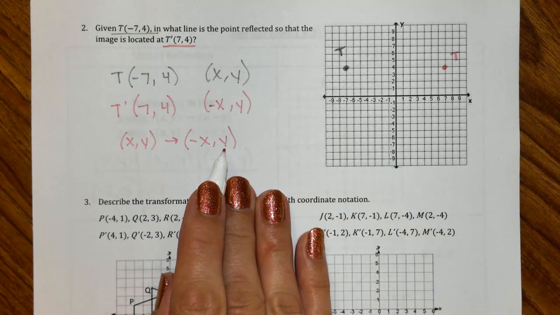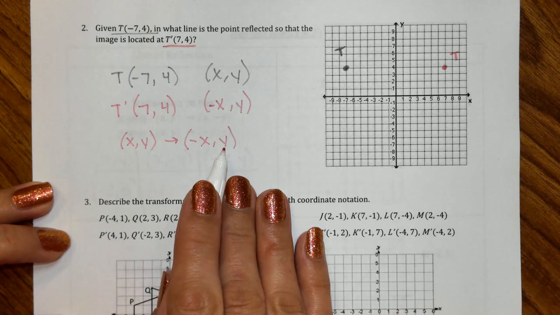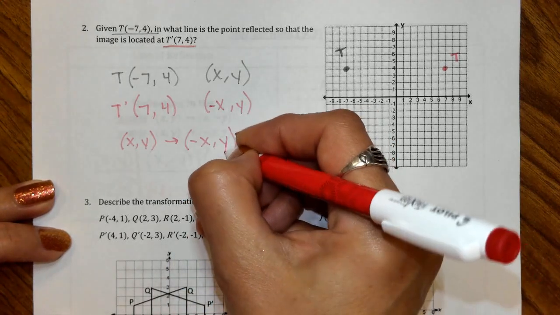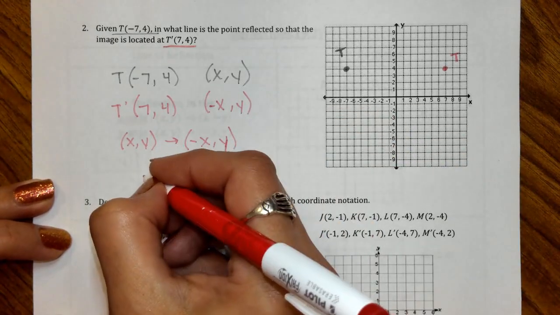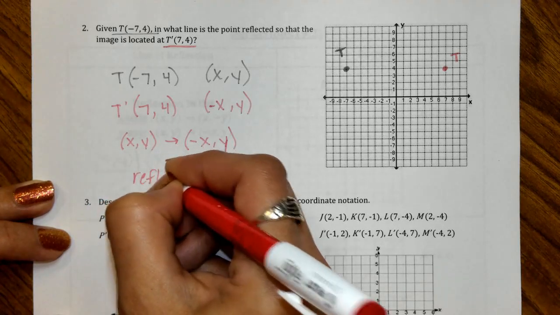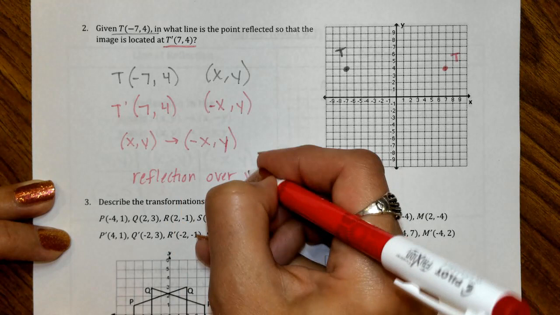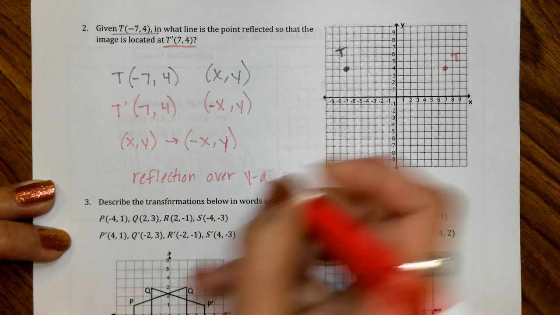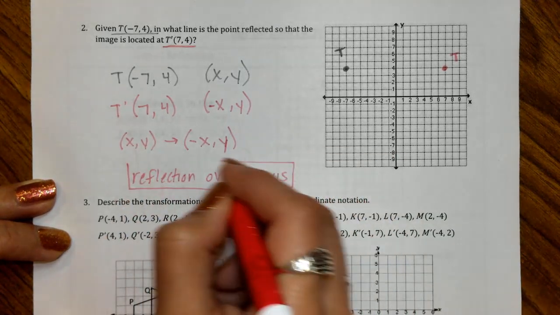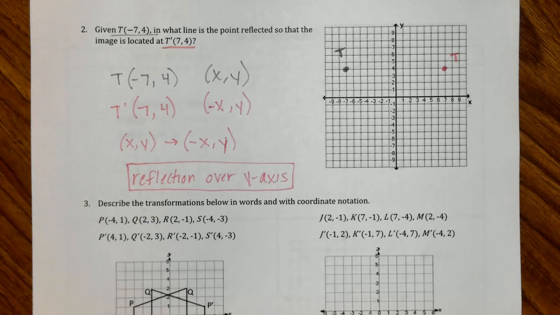We did not switch them, so that's not going to be y equals x or y equals negative x. It's going to be a reflection across a certain axis. And that's going to be the axis of the coordinate that did not change. Y did not change, so this is a reflection over the y-axis.